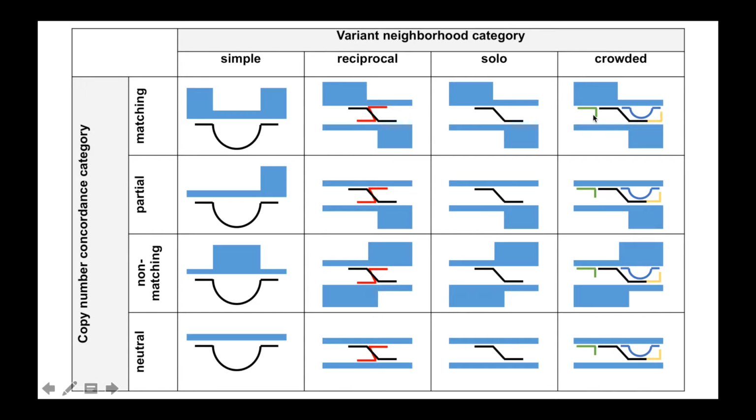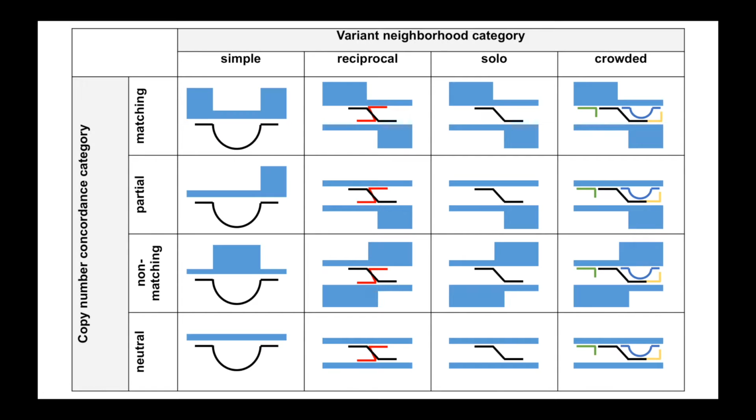And the worst warning signs I can see are when a solo variant is completely alone, has no copy number change whatsoever. That would be a warning sign that the variant may not be correct and that it's a good thing to look at in further manual curation.